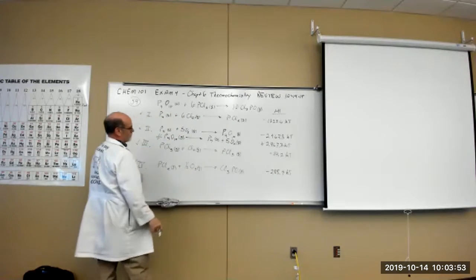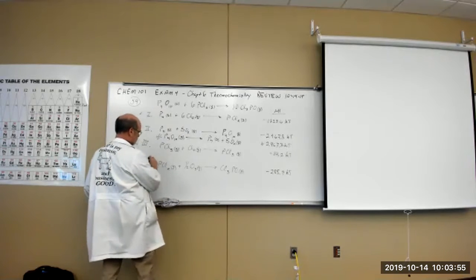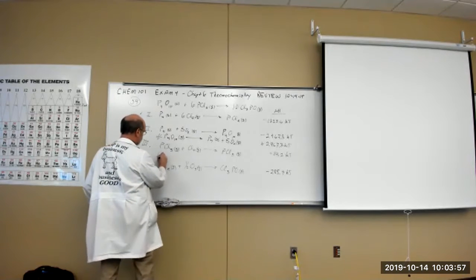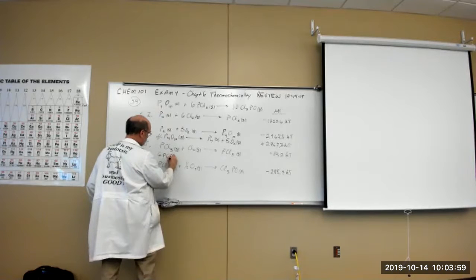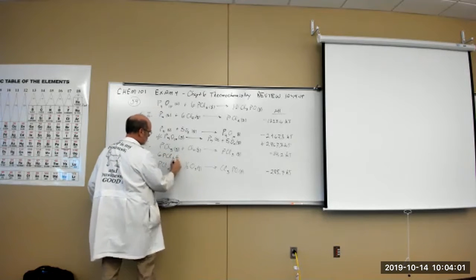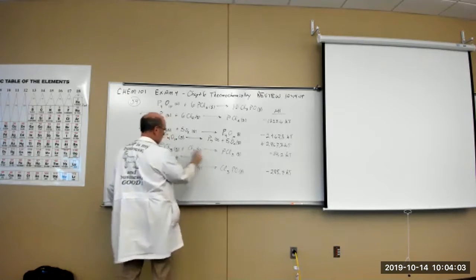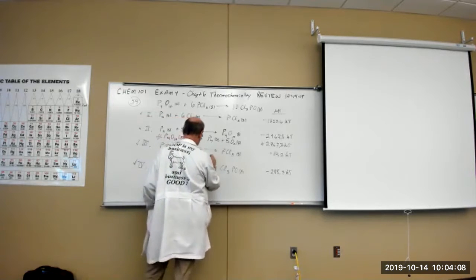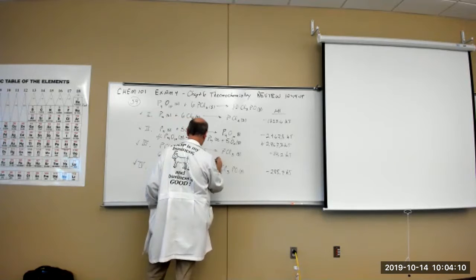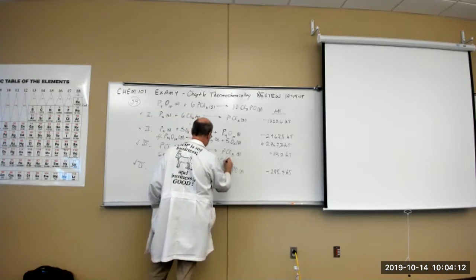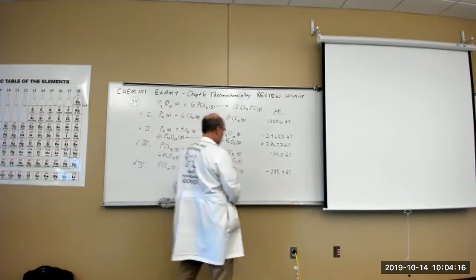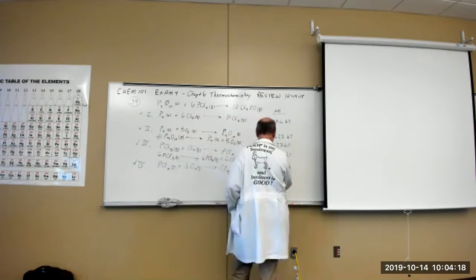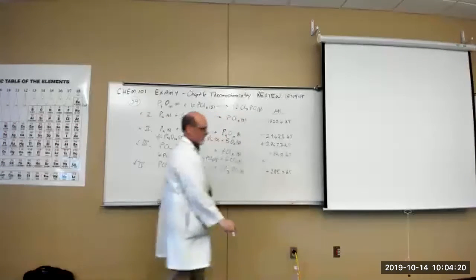Right? So let's do it both at the same time. We need 6 PCl5. And they're 1, 1, 1. Right, so this one needs to be 6 PCl3 and 6 Cl2. And this one needs to be changed sign plus 6 times that value.